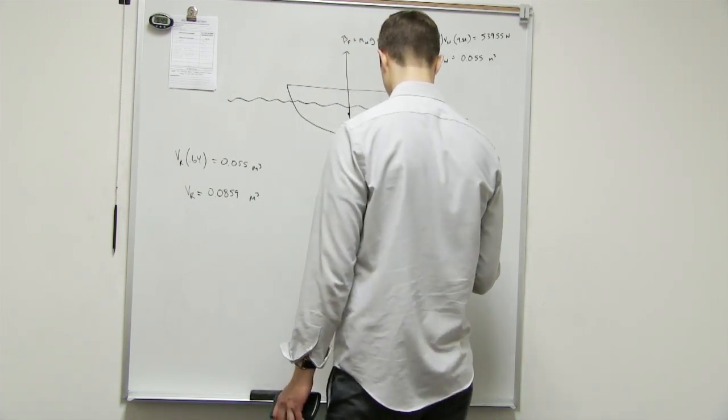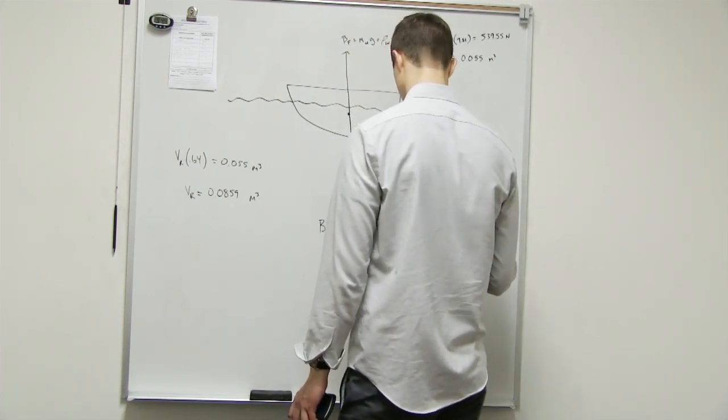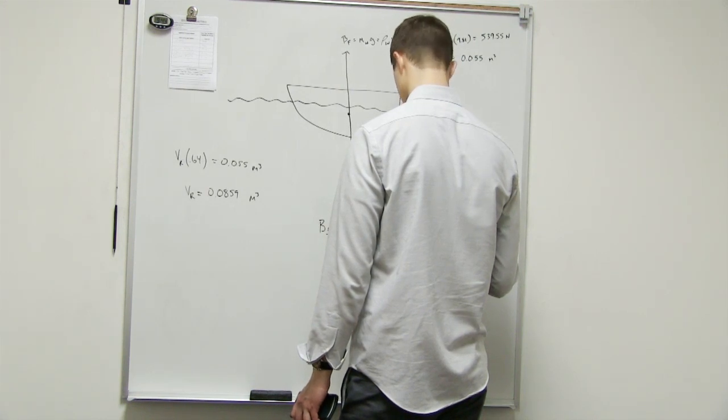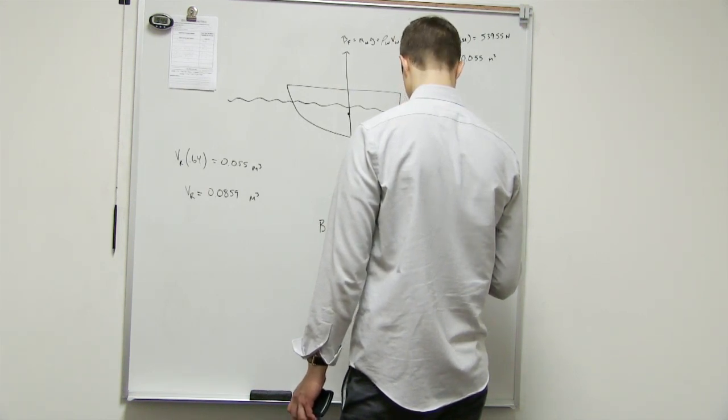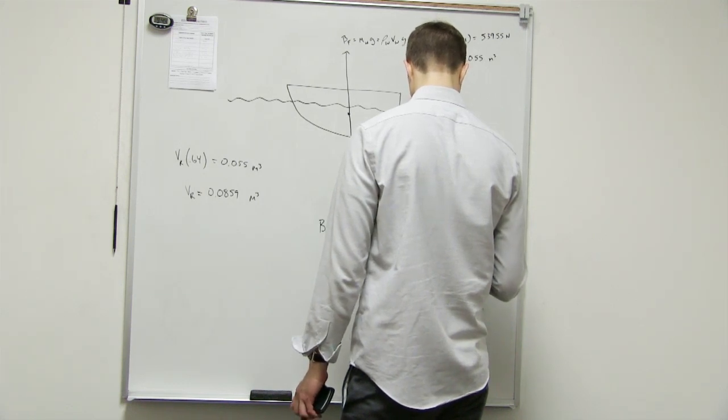So it would be 1,000 times 0.0859 times 9.81.